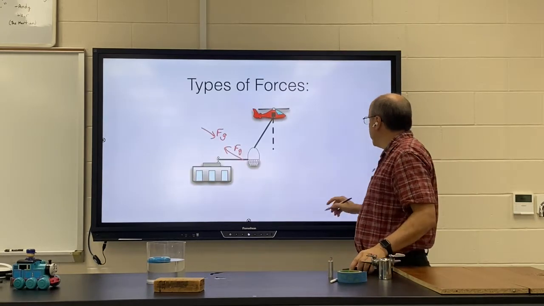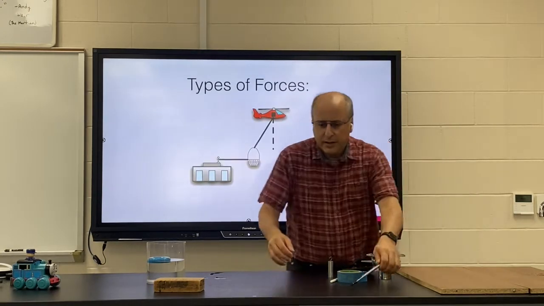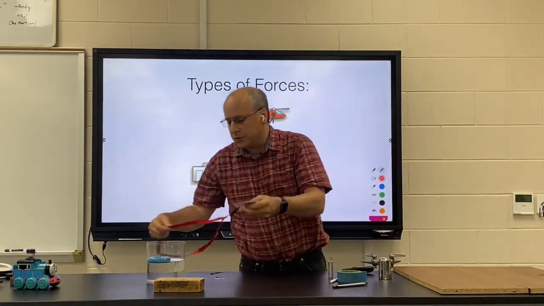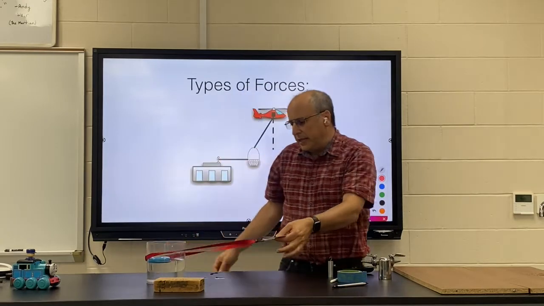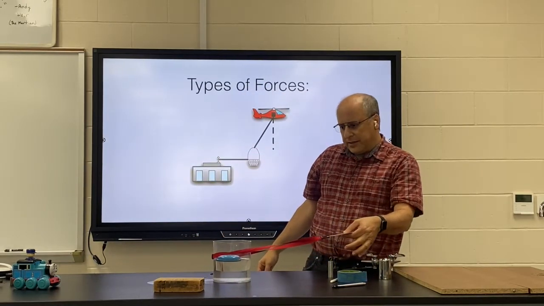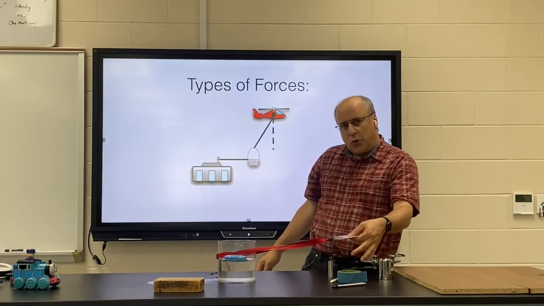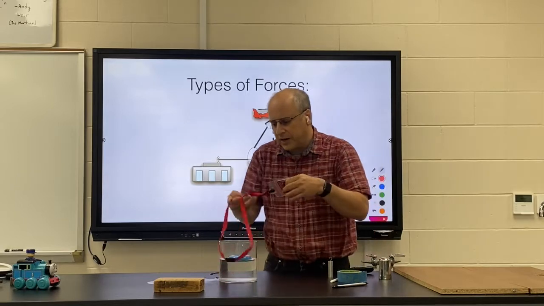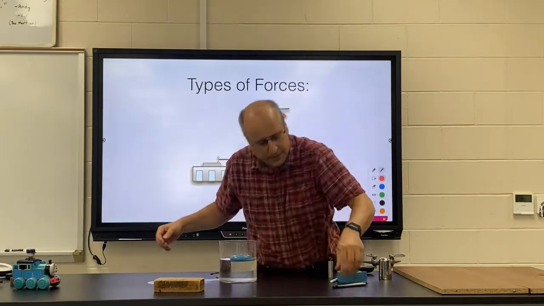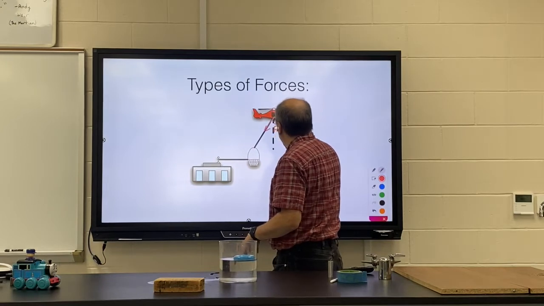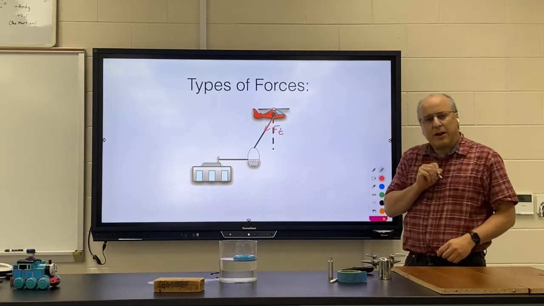Our next force is force tension. Tension can occur in things like this lanyard, or ropes or strings. It's any time we're using a rope or a string to pull an object. So tension is only a pulling force. You can see tension doesn't work if I try to push. Tension is drawn, just like all forces, with an arrow.